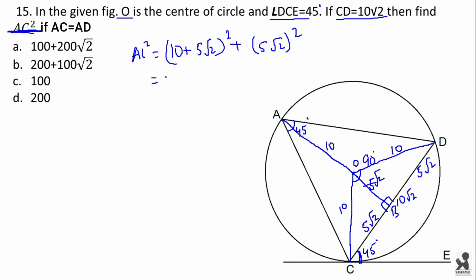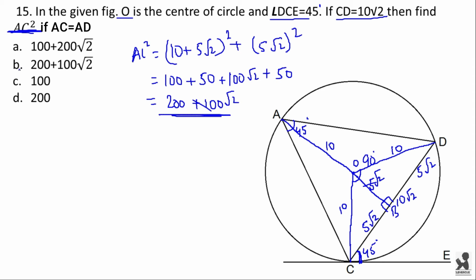Here we have 100 plus 25 into 2, that is 50, plus 2 into 5 into 10, that is 100 root 2, plus (5 root 2) whole square is again 50, which is equal to 200 plus 100 root 2. This is the answer. Option B is the right answer.